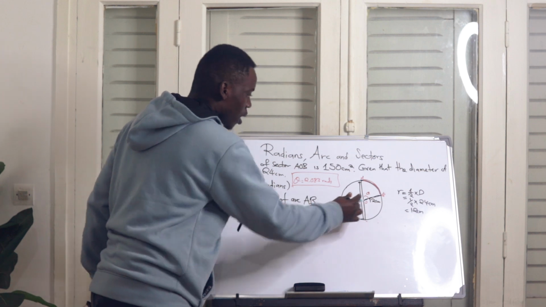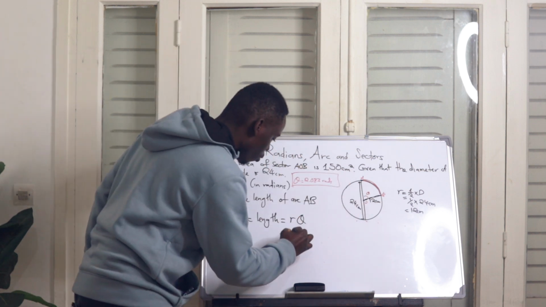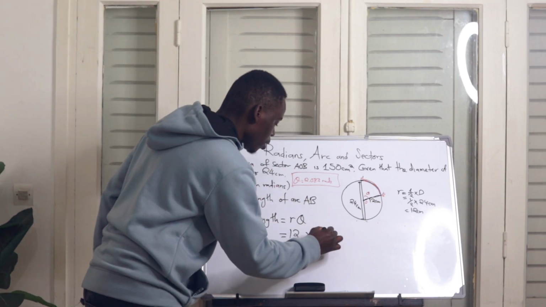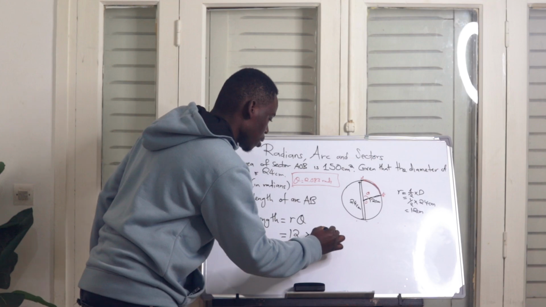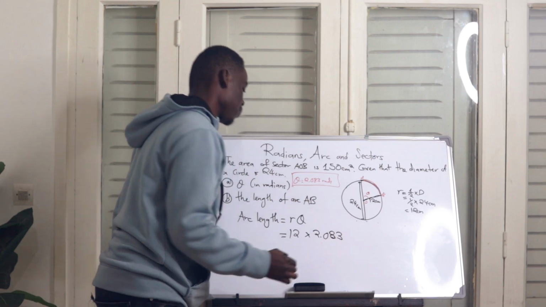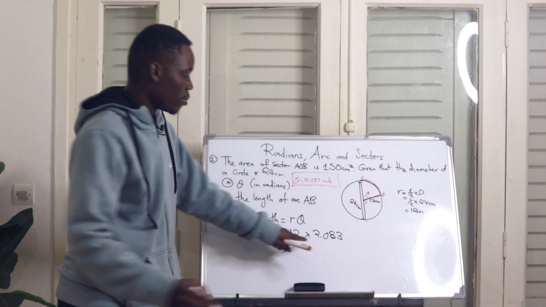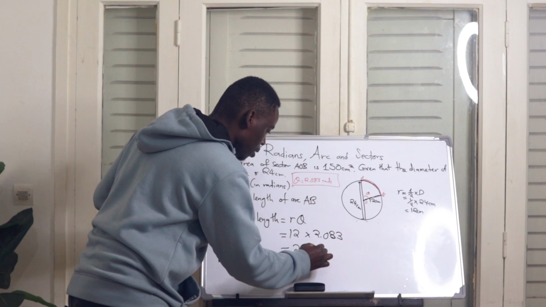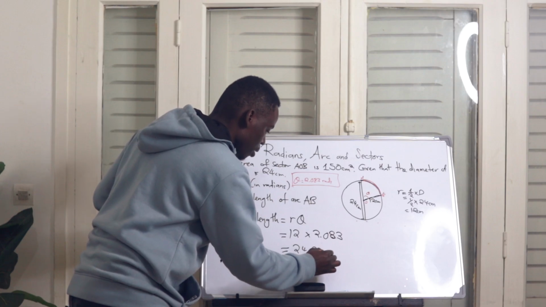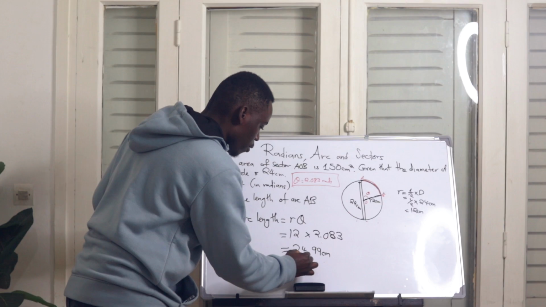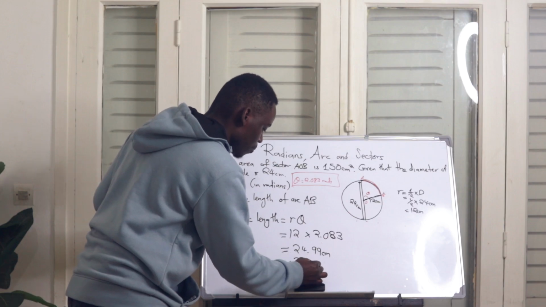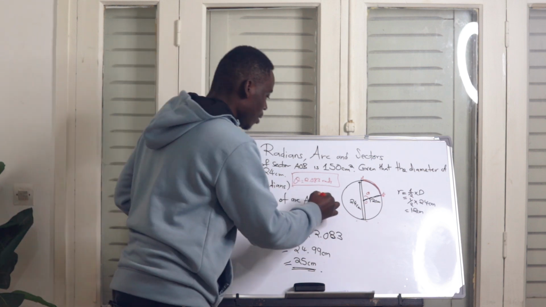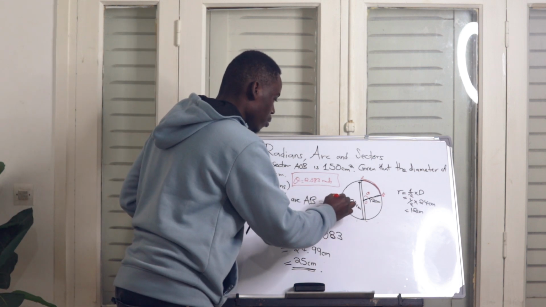The radius, according to what we've calculated, is 12 centimeters times our angle, which is 2.083. And this 12 times 2.083 is 24.99 centimeters, which is equivalent to 25 centimeters. Hence, our arc length AB is equal to 25 centimeters.